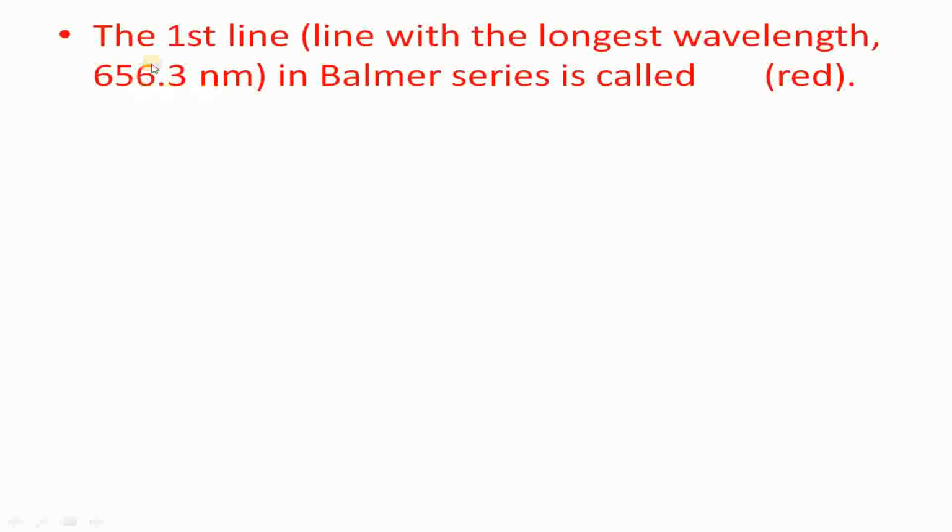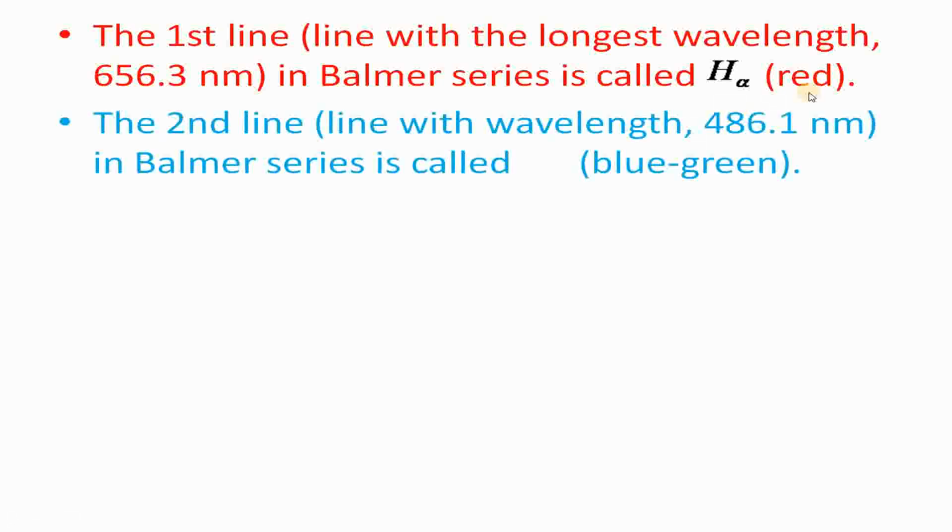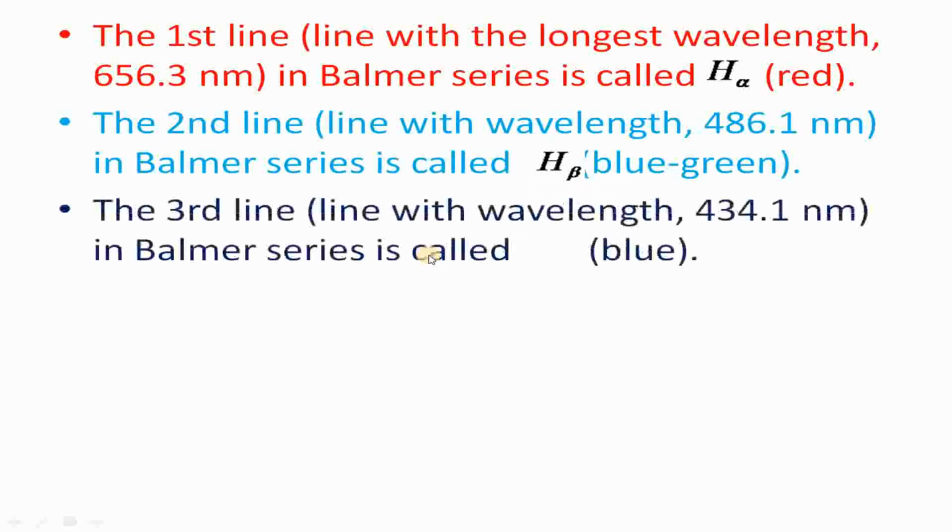Now we can note that the first line with the longest wavelength, 656.3 nanometer, in the Balmer series is called H alpha line. The color is red. The second line, with the wavelength 486.1 nanometer, is called H beta. The color is blue green.